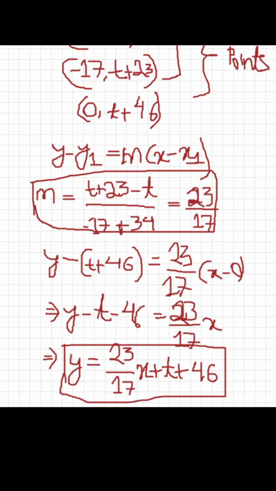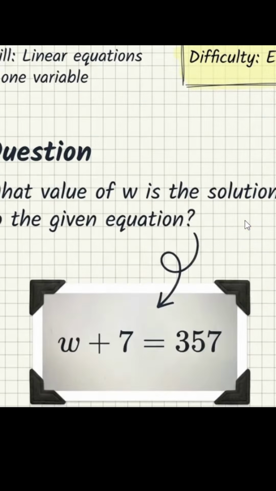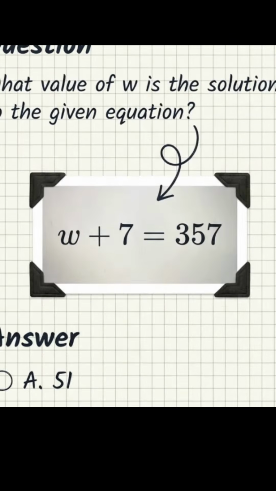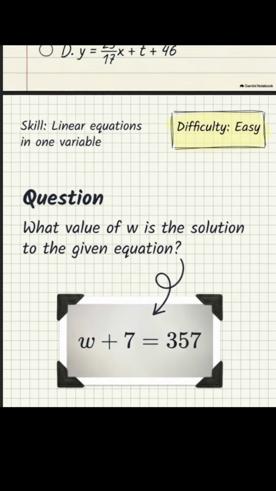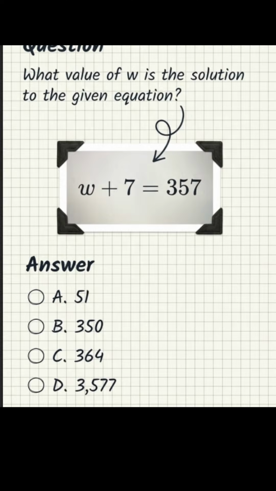Okay, now let us move to the next question. So here the question is: what value of w is the solution to the given equation, and the equation is w plus 7 is equal to 357, and we have four options here.